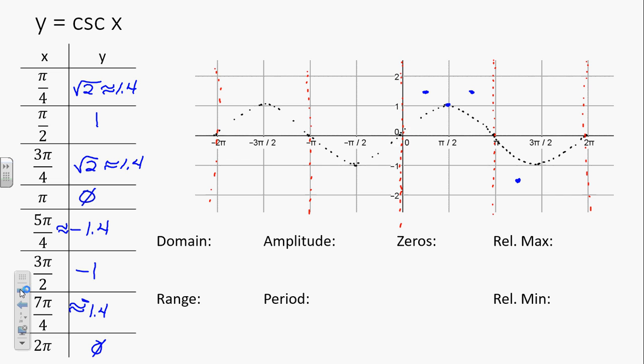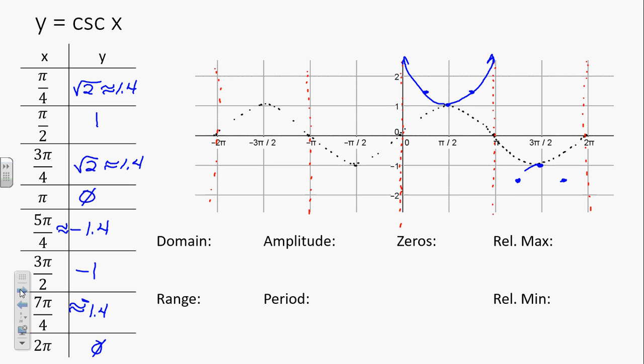And then at 3 pi over 2 we'll be at negative 1. And then at 7 pi over 4 we'll be at negative 1.4 again. So remember, it's trying to approach these asymptotes and never touch them. So we get something that looks like a parabola up here, right?